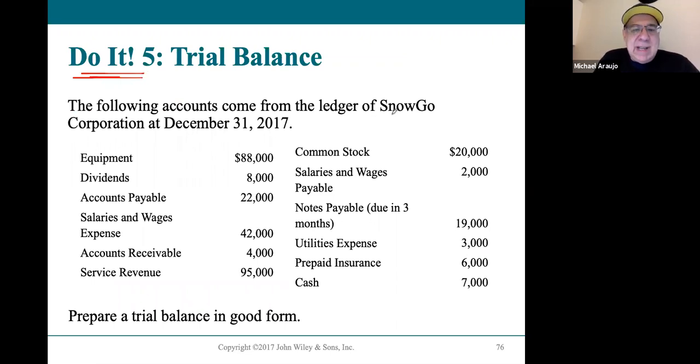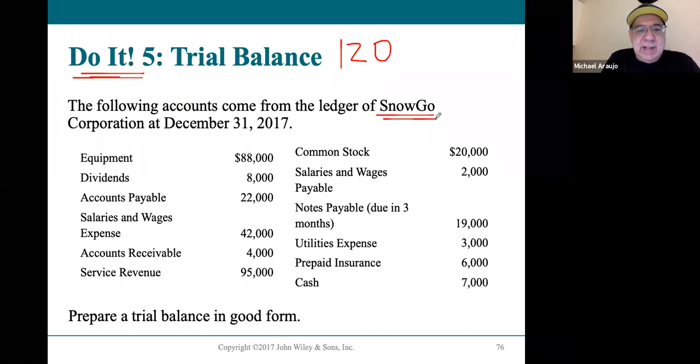So here is an example in your book. If you want to turn to the next page, page 120 here in your book, you will see the do it exercise for a corporation called Snogo. Basically, these are a whole bunch of accounts from the ledger. The sad thing is that it's not put in the proper order.